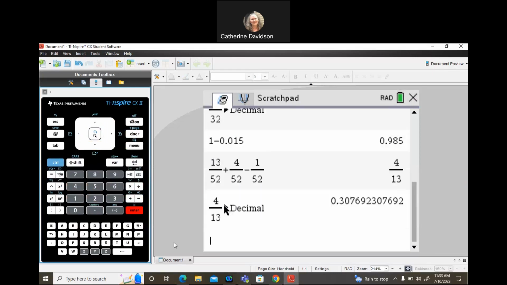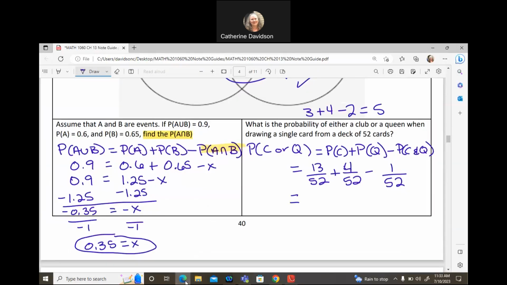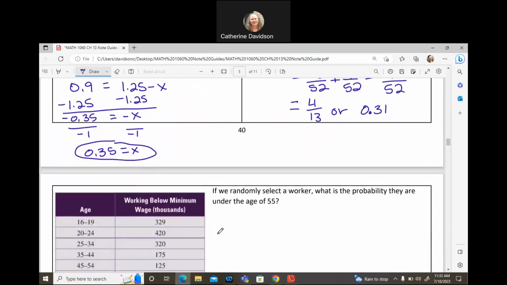Or 0.31. So 31% chance that you're going to draw a club or a queen. So again, just see if they want a decimal or a fraction on that one.